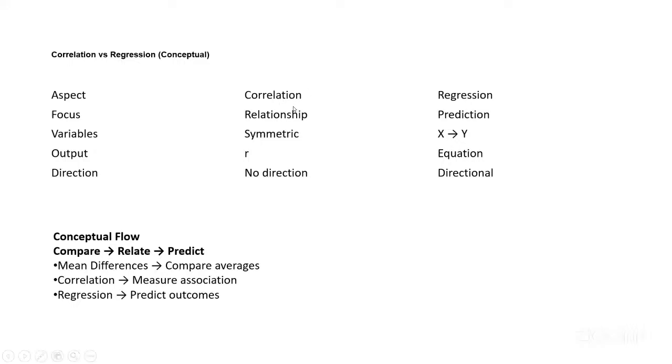In correlation, we just see if there is any relation between X and Y. The variables in correlation are symmetric: if X is related to Y, then Y is related to X. The covariance of xy equals the covariance of yx, it is symmetric. But in regression, it is not symmetric.